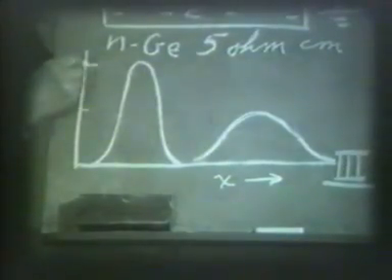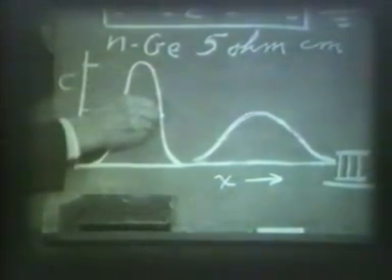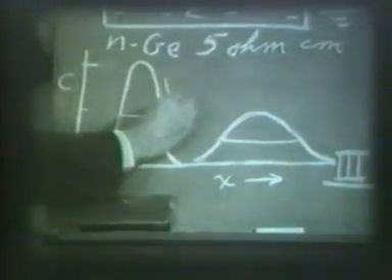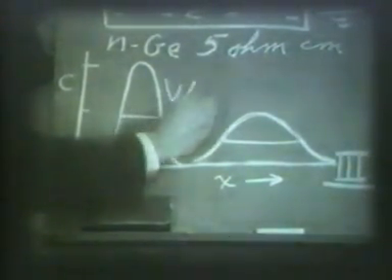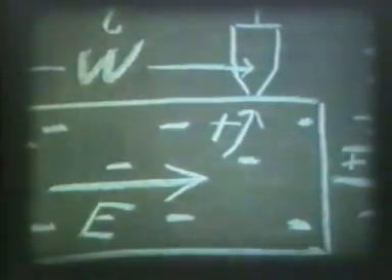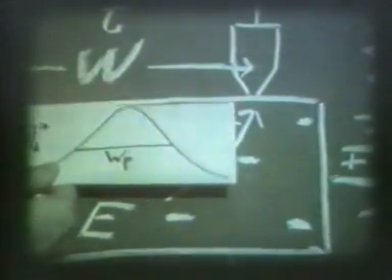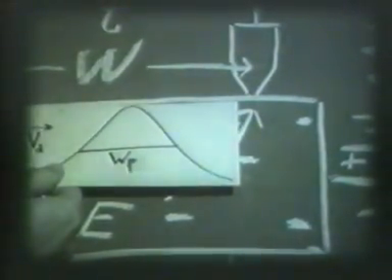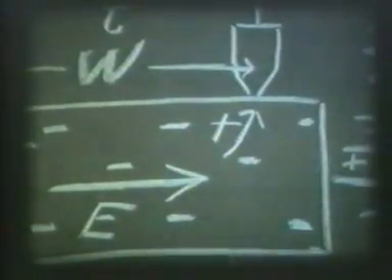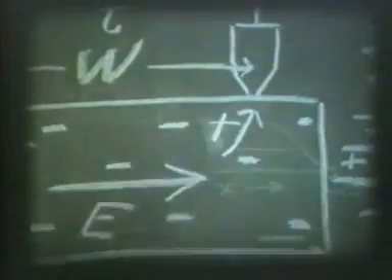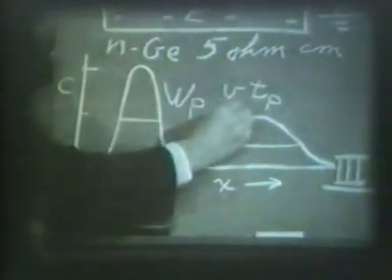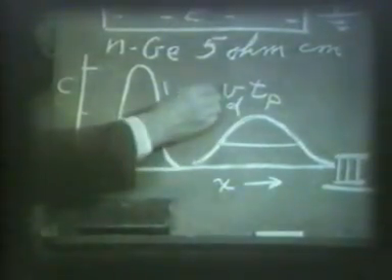Now for our case, consider the width of the pulse at half maximum hole concentration. This width, W sub p, we obtain only indirectly by measuring the time interval that this width takes to pass under the detector at speed v sub d, so that the time interval t sub p times v sub d equals the width w sub p.